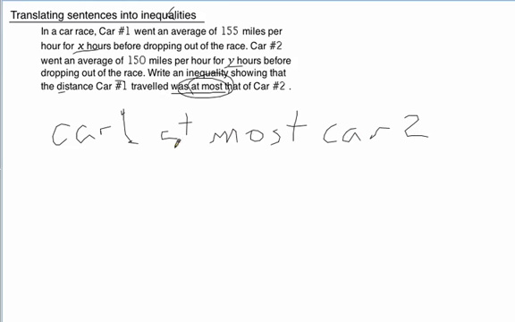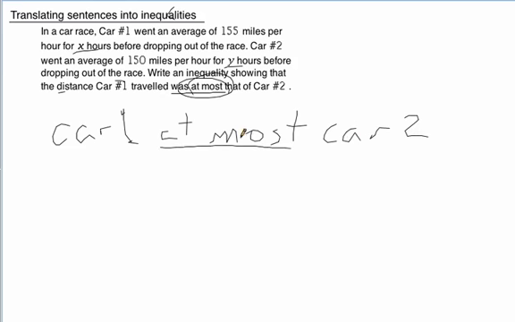Okay, at most. That's going to be a sign for us to think about the inequality, right? So car 1 is at most car 2. What does at most mean?